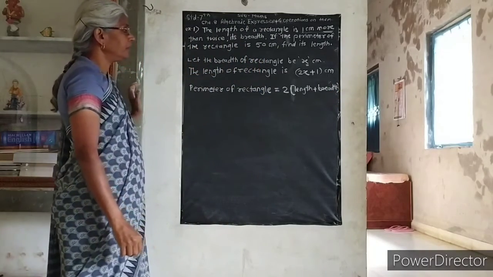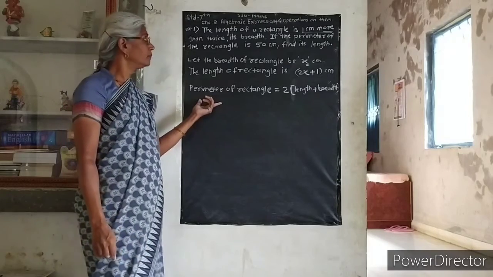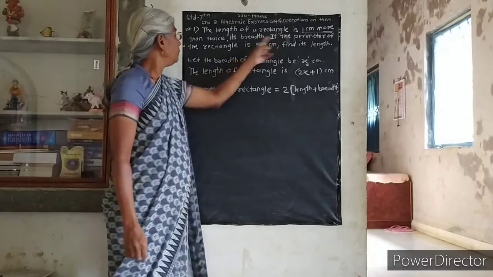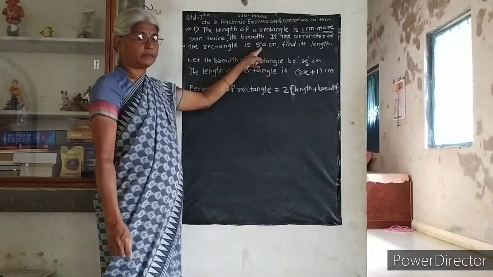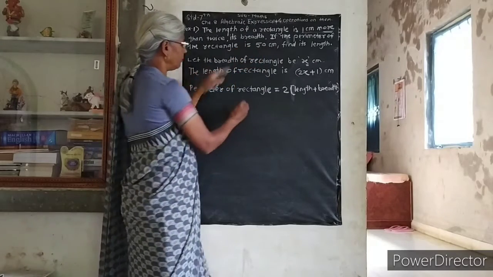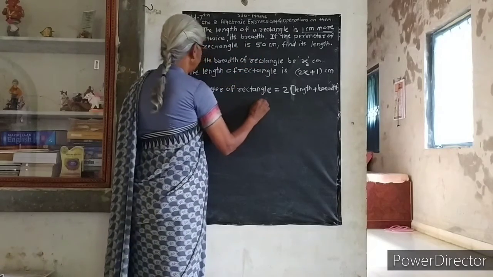Then we put the given values in that formula. The perimeter of the rectangle is given. What is the value of perimeter? 50 centimeter. We write here.